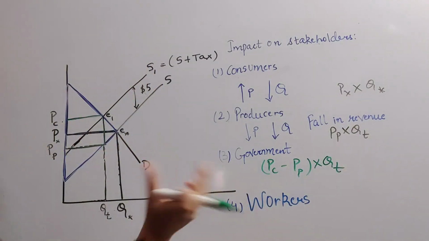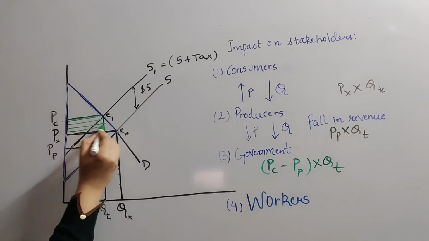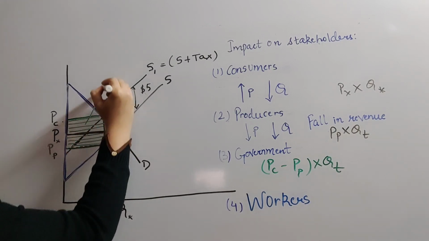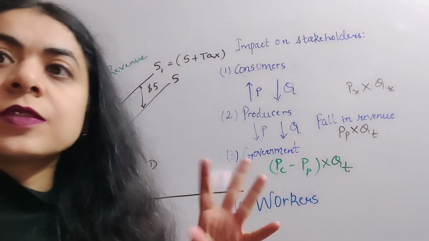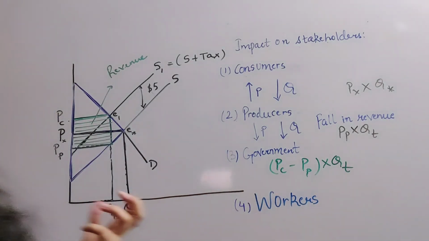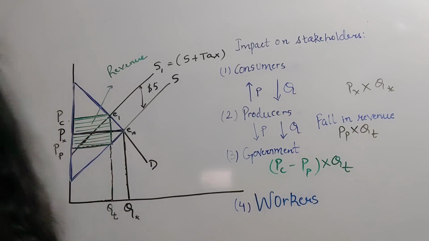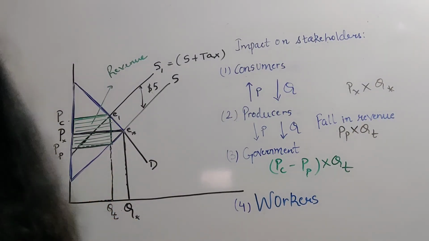So this shaded area is the revenue for the government. Our last stakeholder, workers, may be worse off because of the tax, because the output that is now produced after the tax is less than what was produced earlier before the tax.